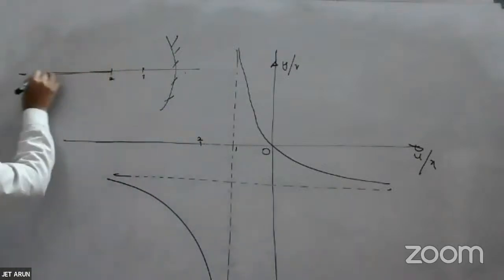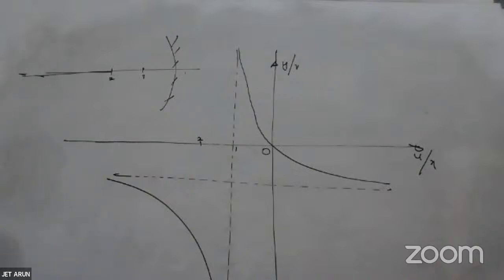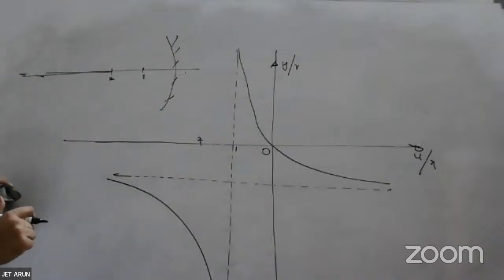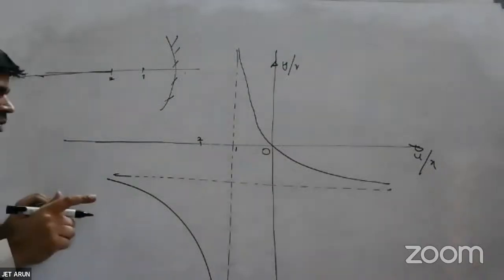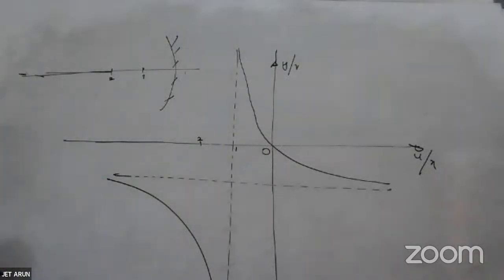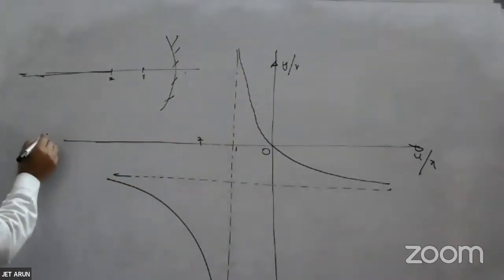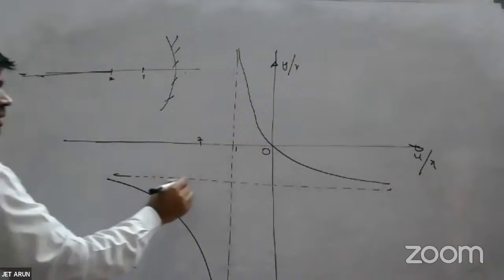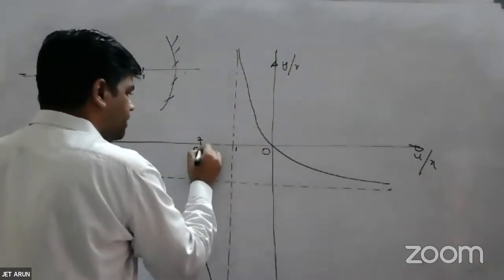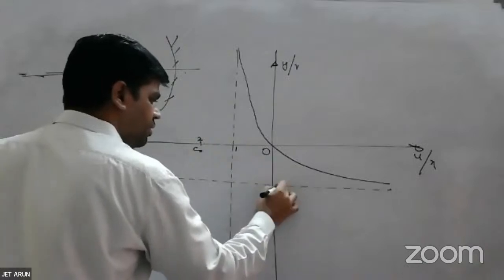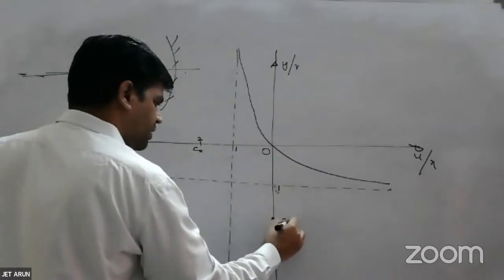So beyond center of curvature ఉంటే, when the object is beyond center of curvature, ఎక్కడ ఫామ్ అవుతుంది? Between focus and center of curvature. Right, exactly. చూడండి, ఇది focal length, which is 1, ఇది 2, ఇది center of curvature.